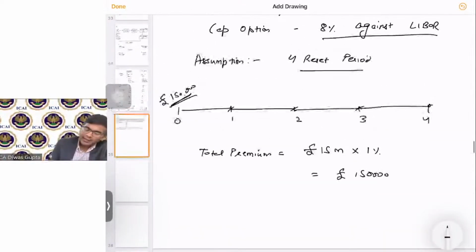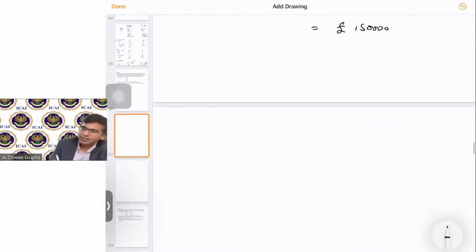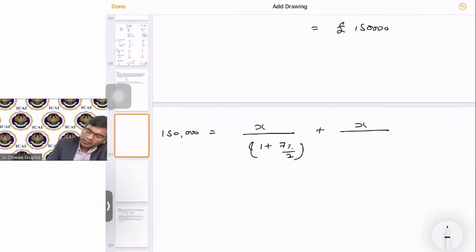Let us assume that as X. So we want the equated amount for this 150 over all our reset periods, because that will help us in doing the proper comparison. So if we assume that, then just see this formula, you will be able to understand.